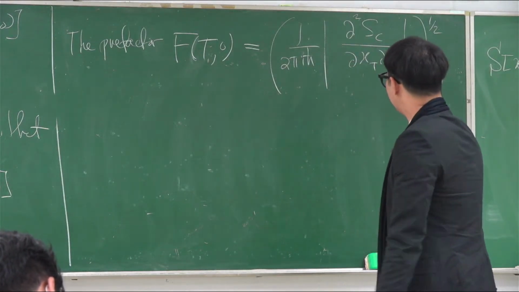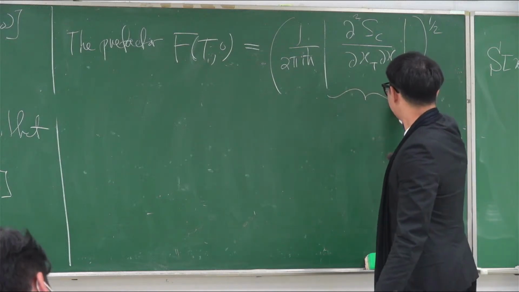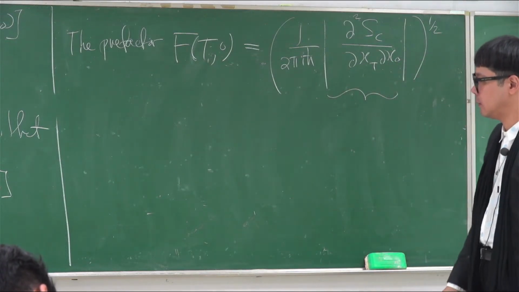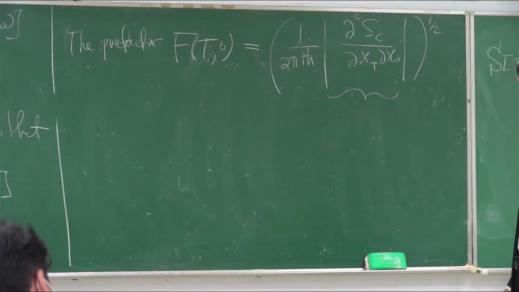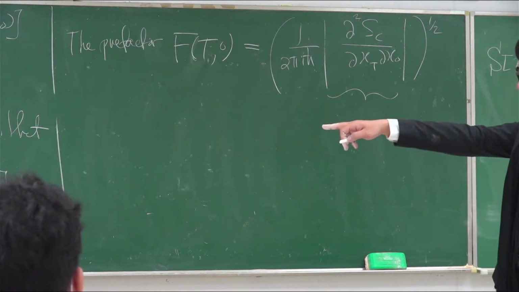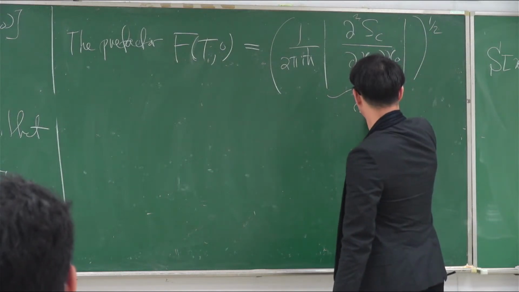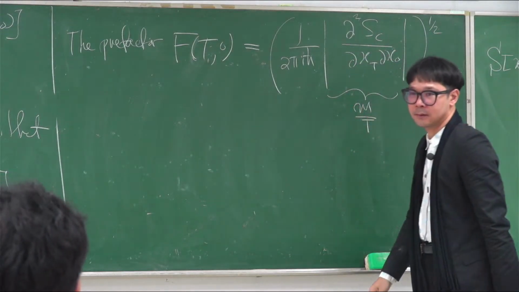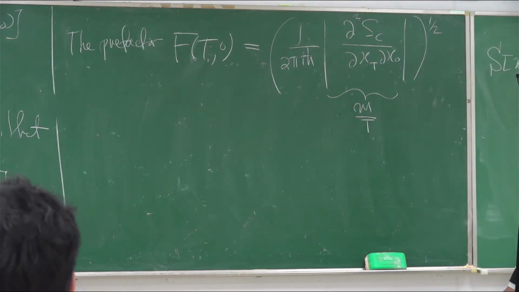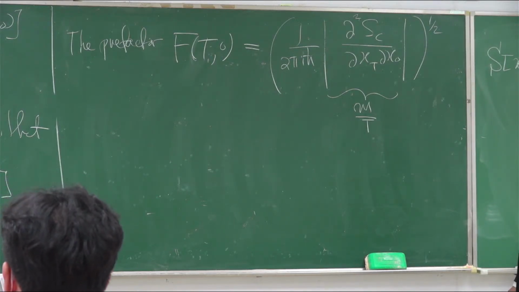Okay, so then, what is this quantity? When you do that derivative of the action, you get n over t, right? Is that right? Just n over t? No. Why not?